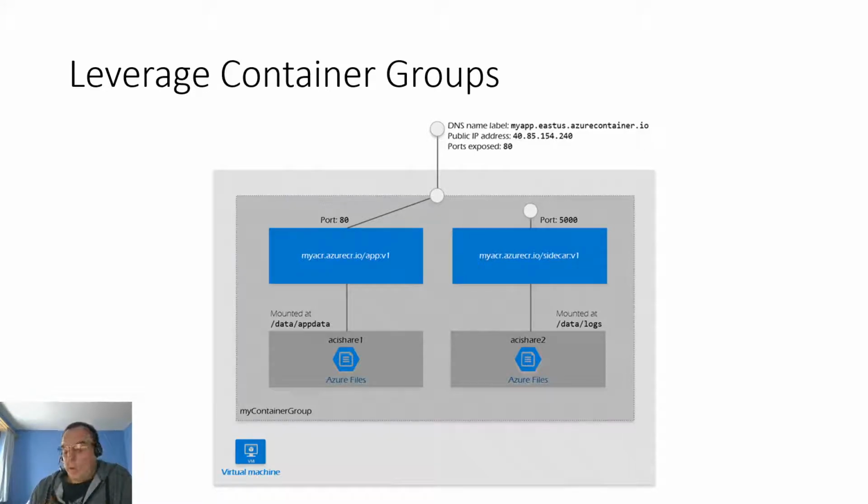Now, one super important thing about ACI is that it is not an orchestrator, right? ACI is great for deploying batch workloads, or things that need to be spun up, run for an hour, and spun down, or maybe stateful workloads that are not suitable for functions.